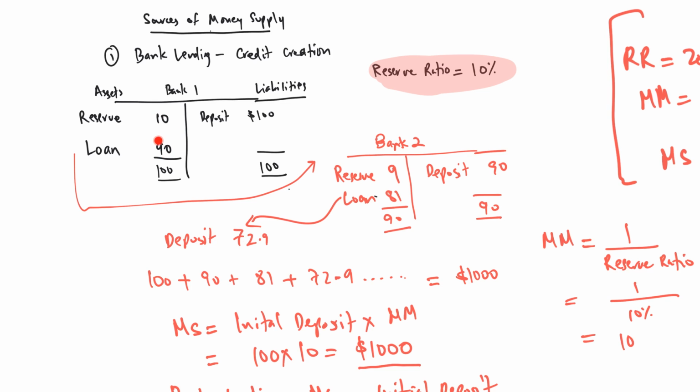They could have given it to people, now they're giving it to the government. The government uses this to buy the securities, so the government gets that $90. The government spends that $90, and then it goes to bank 2, and then bank 3, and bank 4, and next money supply goes up.